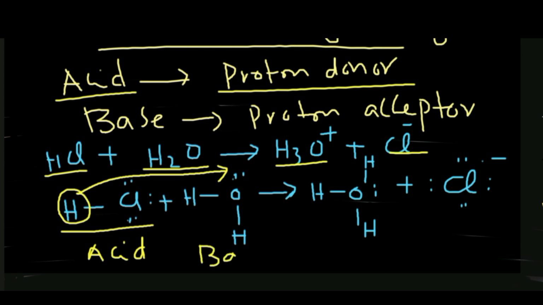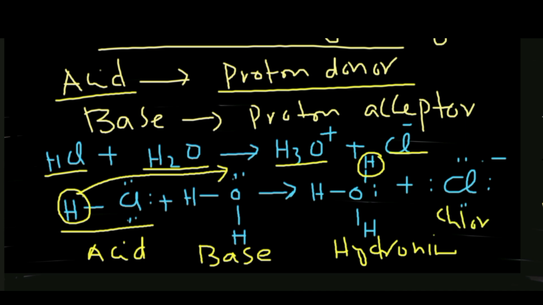So we can write here that HCl is an acid because it gives hydrogen ions, and water is a base because water accepts this hydrogen ion from HCl to produce hydronium ions. This is the hydronium ion, and also these chloride ions. This is chloride. So according to the Lowry-Bronsted concept, HCl is an acid because it gives a proton, while the base is that which accepts a proton.